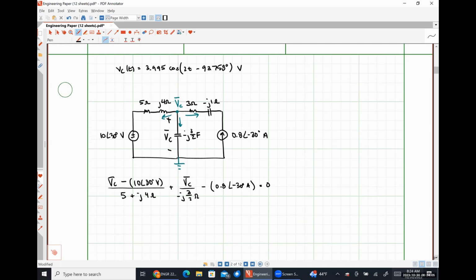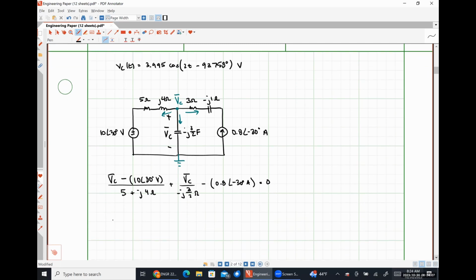Now, solving, I can see that I have a factor of VC that is being multiplied by 1 over 5 plus J4 of an ohm plus 1 over minus J 3/2 of an ohm.